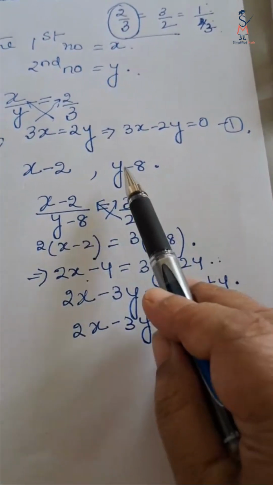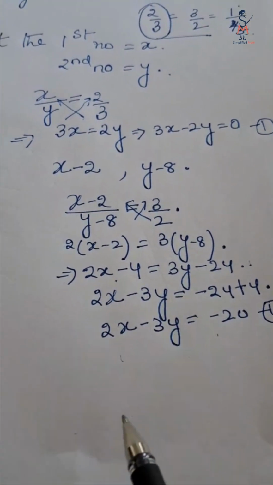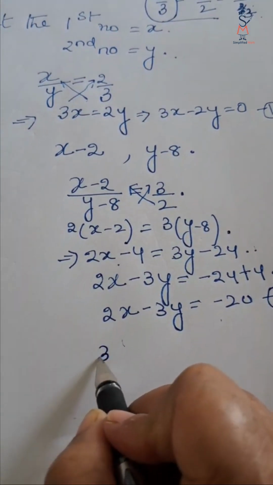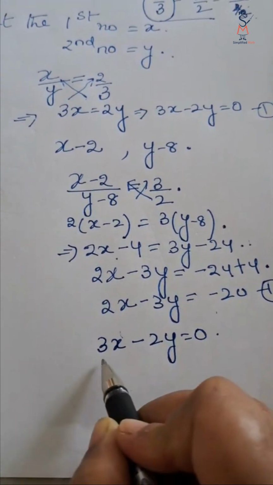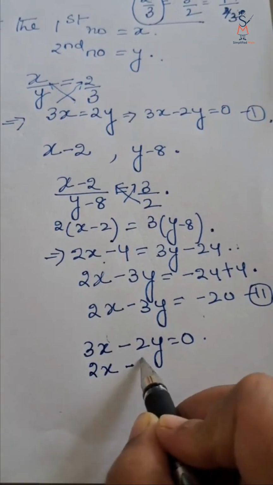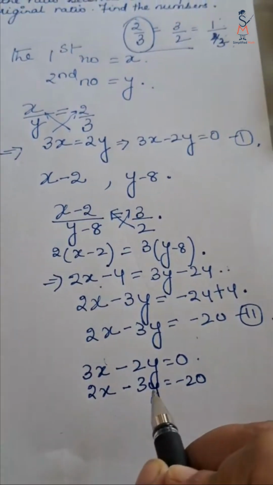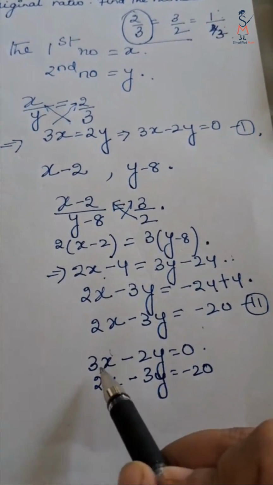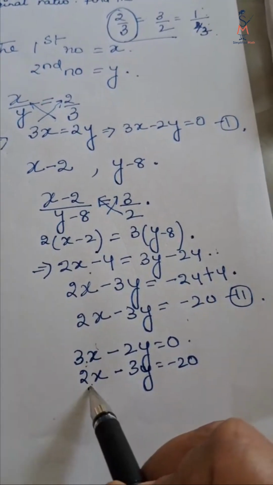Now we will solve our first equation and the second equation by elimination method. So we can write it down as 3x minus 2y is equal to 0 and the second one is 2x minus 3y is equal to minus 20. Now for elimination method, we'll make the coefficient of x similar. So what is the LCM of 3 and 2? It's 6.